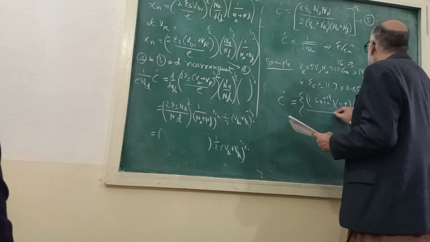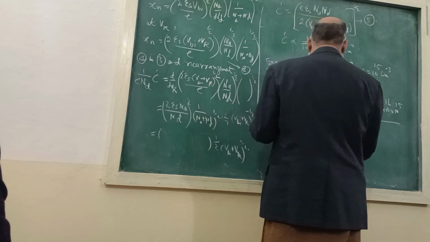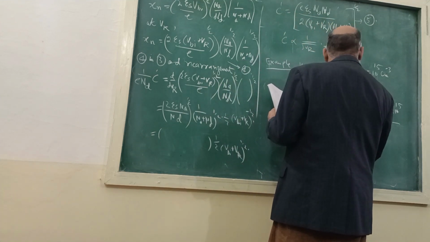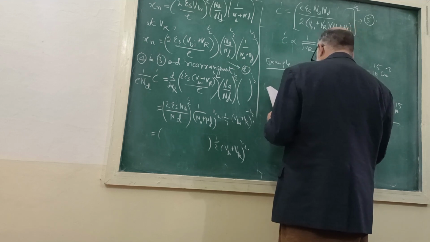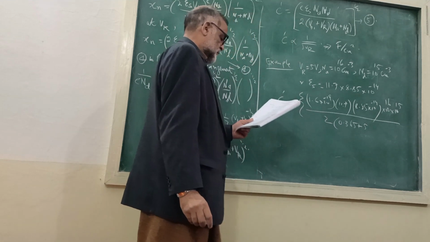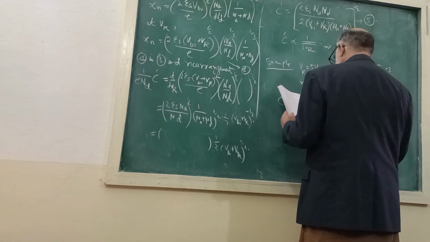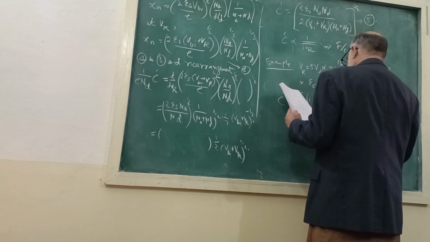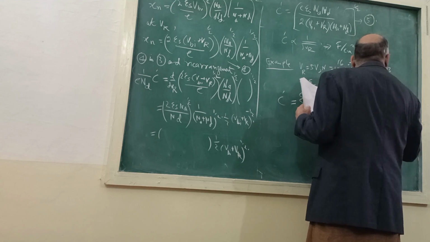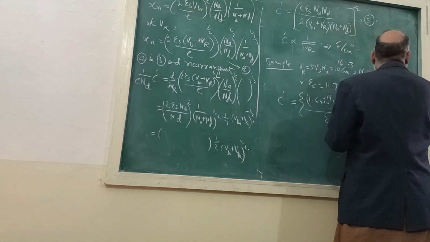divided by 2 times 0.365 plus 5, times 10 to the power 16 plus 10 to the power 15, to the power 1 over 2.